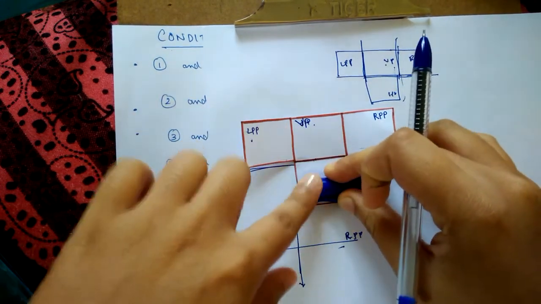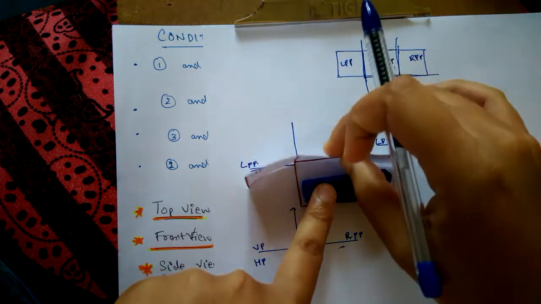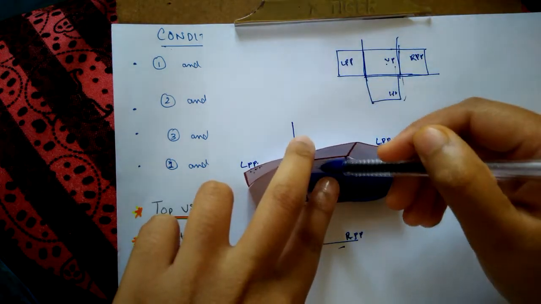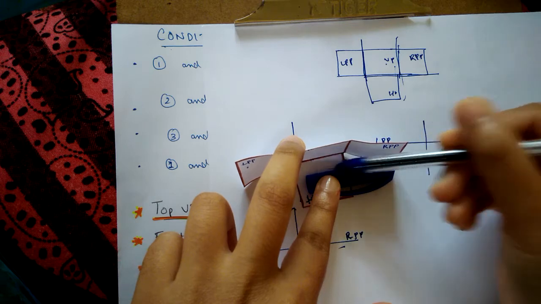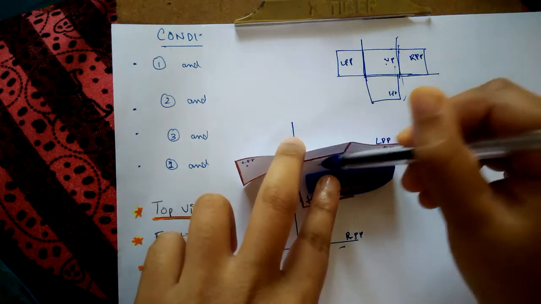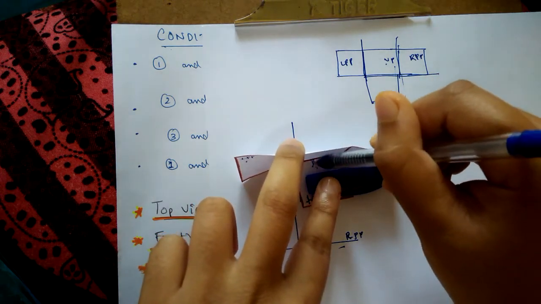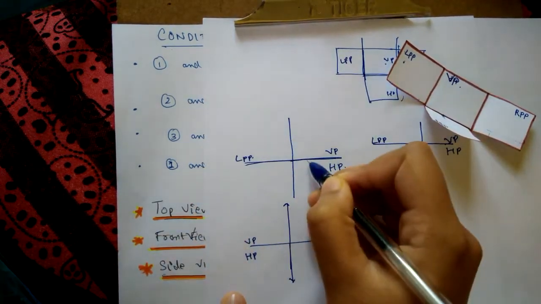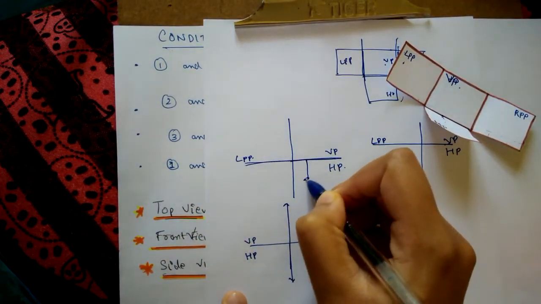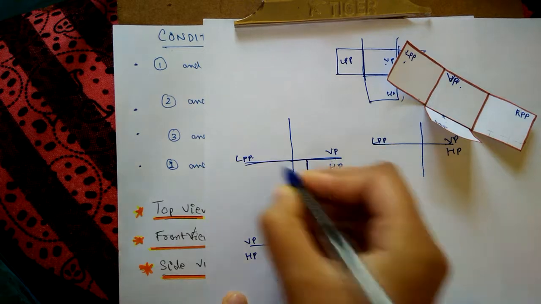Yes, it is on HP and in front of VP. So how much in front of VP? This distance in front of VP. When you look from top, this line shows here like this. It is in front of VP this way. So that object is here and it is in front of VP from this line.